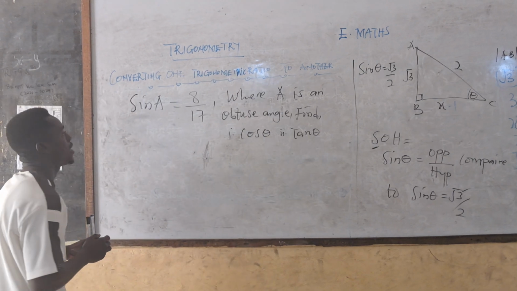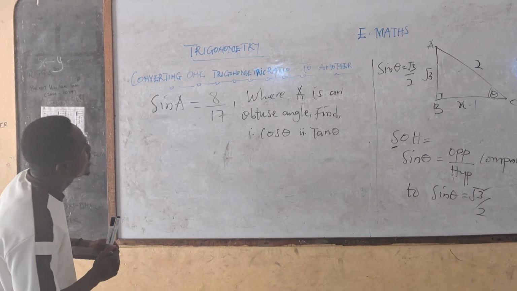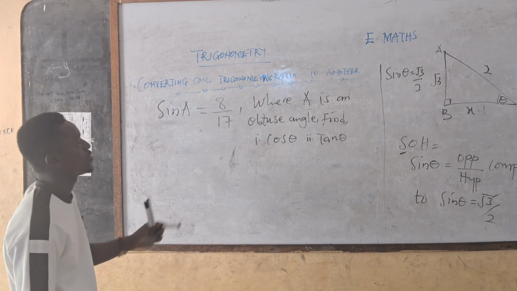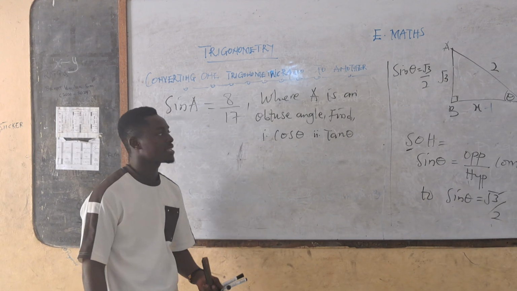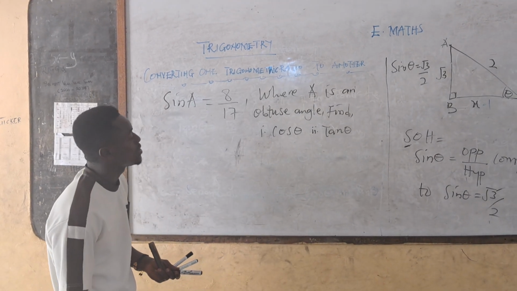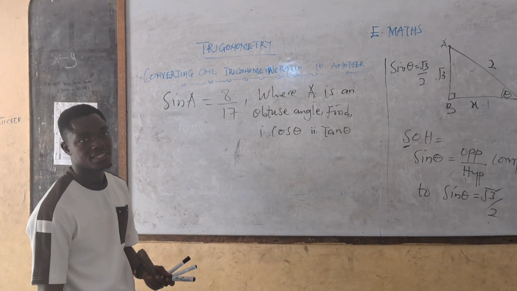So we are given sine equal to 8 over 17, while A is an obtuse angle. The question says find cos theta and tan theta.